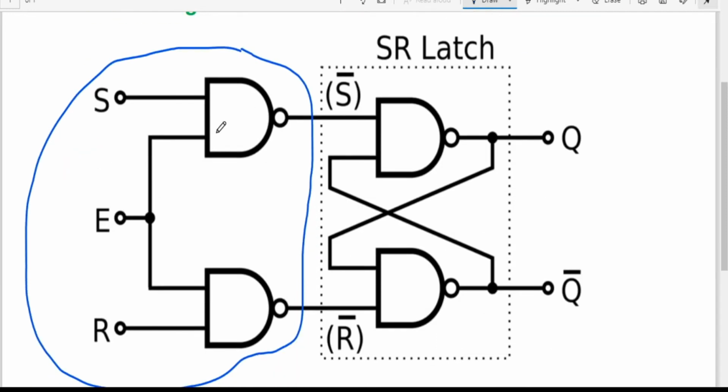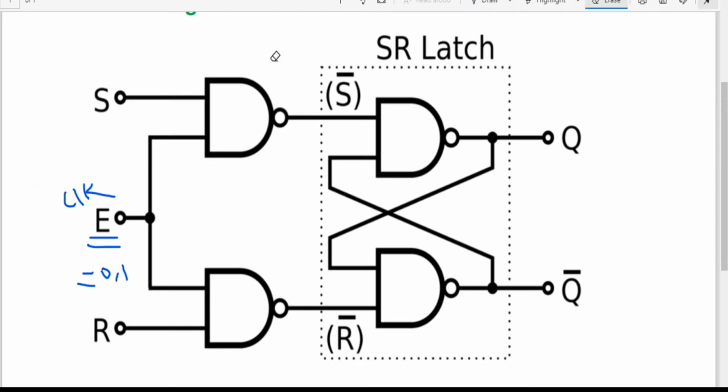This is an additional input that we have given. We have an input called E, which we call an enable input. Sometimes we call it a clock also. This controls the entire operation of the SR latch. By making E equal to 0 or E equal to 1, this circuit is going to perform the necessary operation.